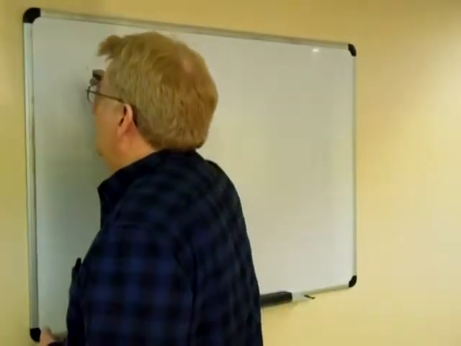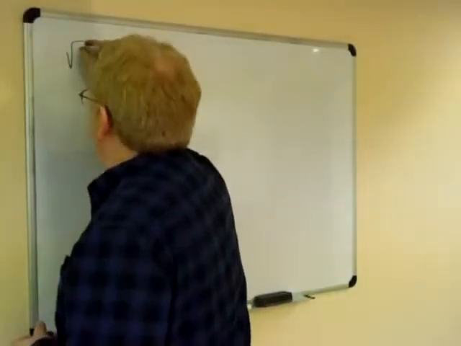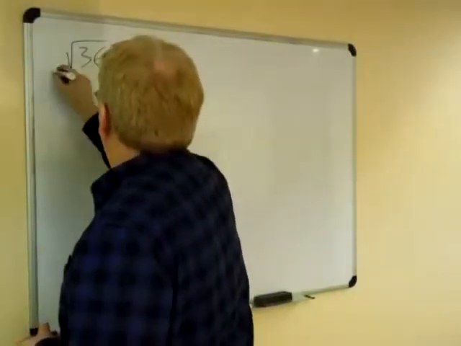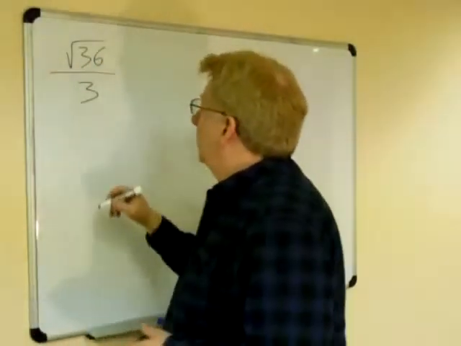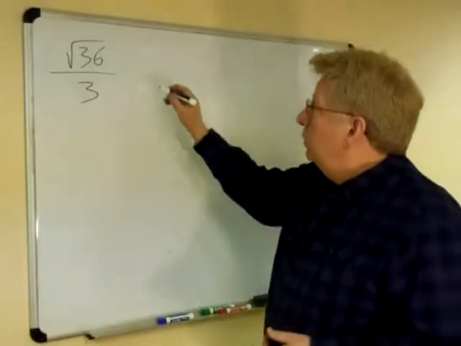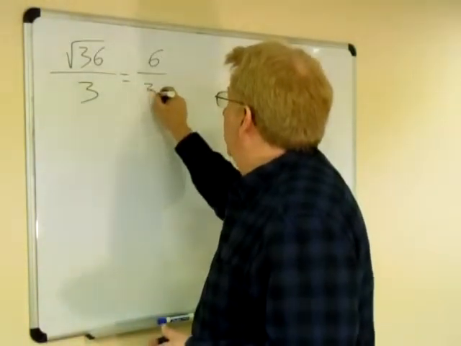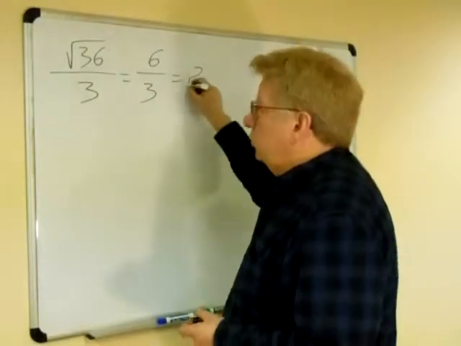Another example: the square root of 36 over 3. In this case, we can just resolve the square root of 36, which is 6. 6 divided by 3 is 2.